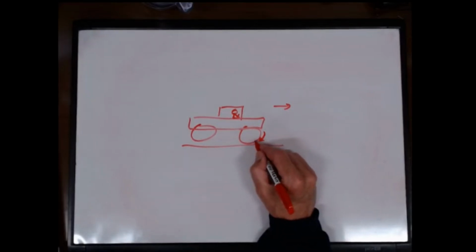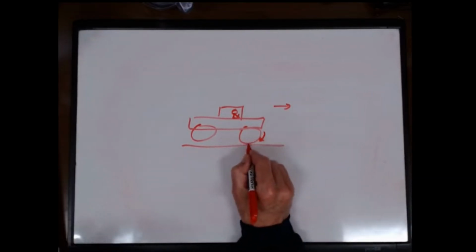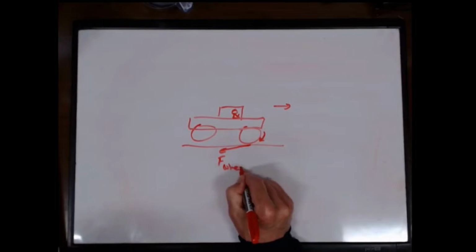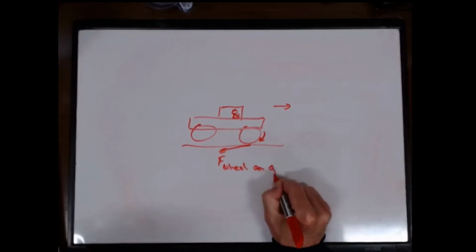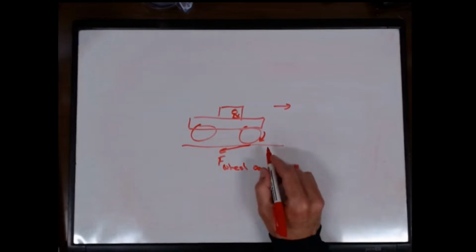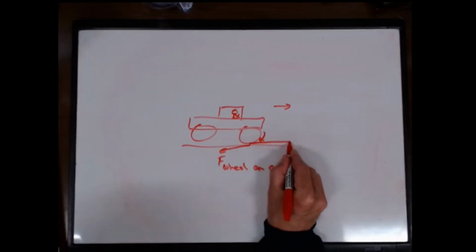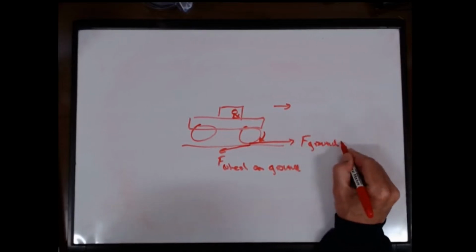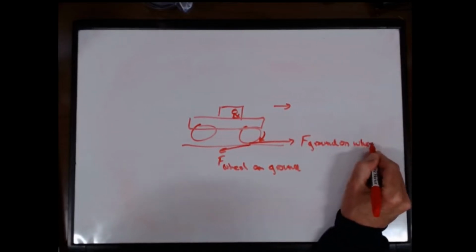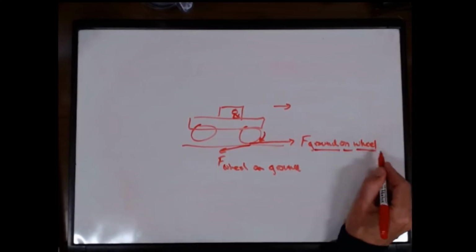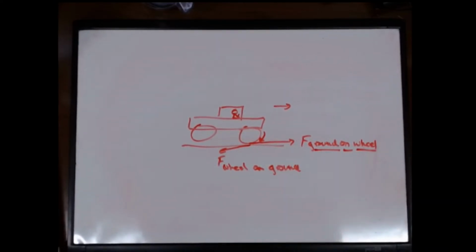What makes the car move is the wheel pushes backward on the ground. So F, wheel on the ground. And according to Newton's third law, that means there's an equal and opposite force on the wheel. This is the force, the ground on the wheel, that moves your car forward.